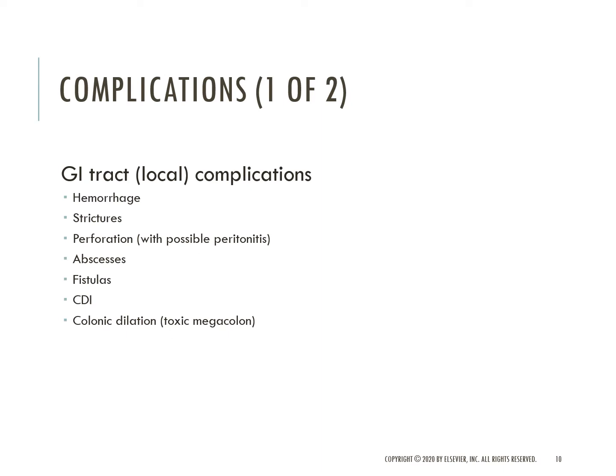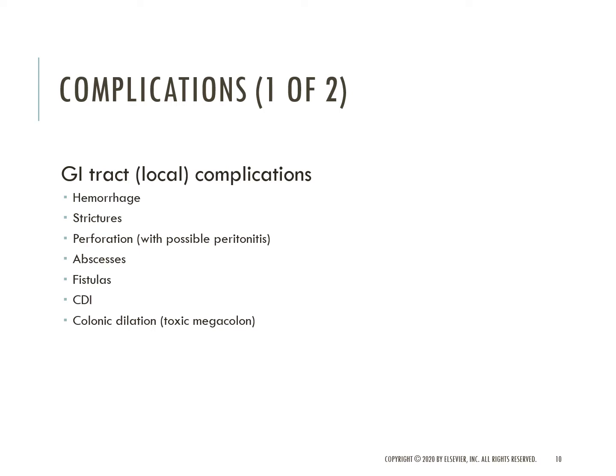Other complications for both Crohn's and ulcerative colitis include hemorrhage, strictures, which is a scar tissue that forms in the intestines and can cause obstruction, perforation, abscesses, fistulas, that's some sort of abnormal passage or tunneling that shouldn't be there, Clostridium difficile infection, and toxic megacolon.